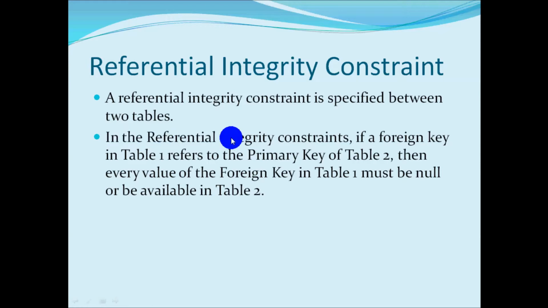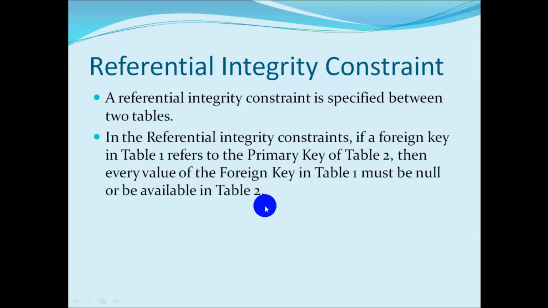In referential integrity constraints, if a foreign key in table 1 refers to the primary key of table 2, then every value of the foreign key in table 1 must be null or be available in table 2.